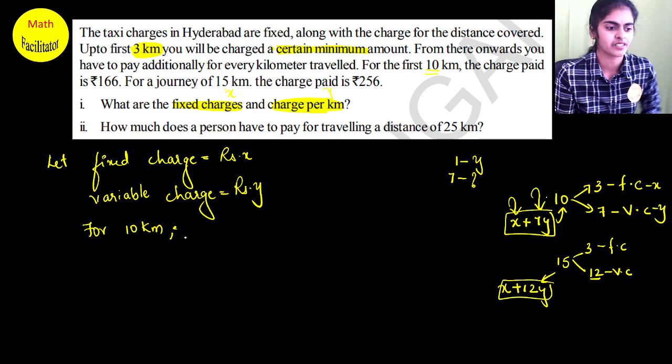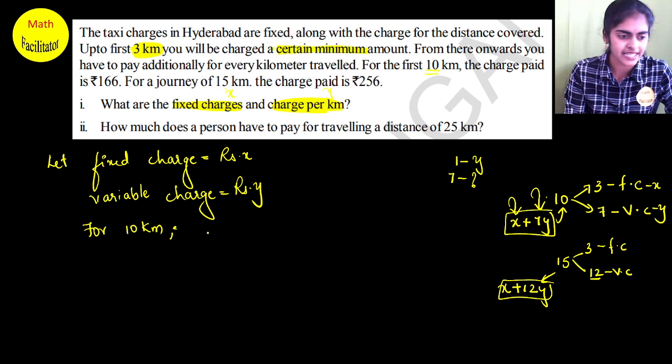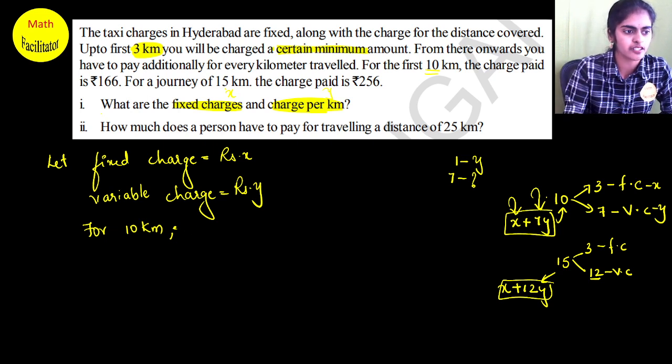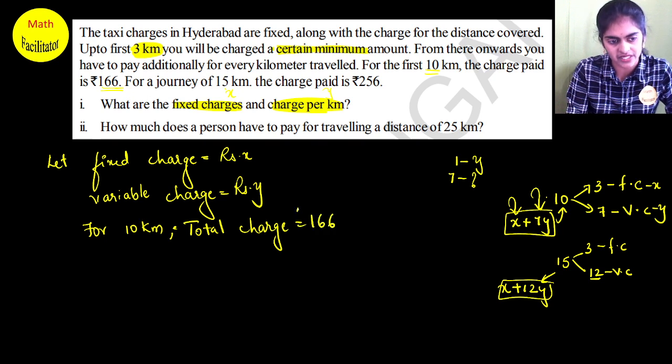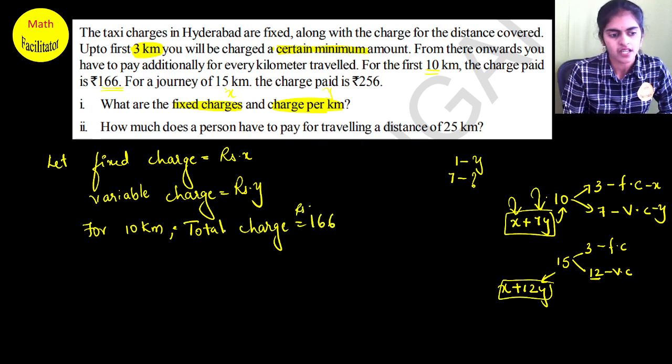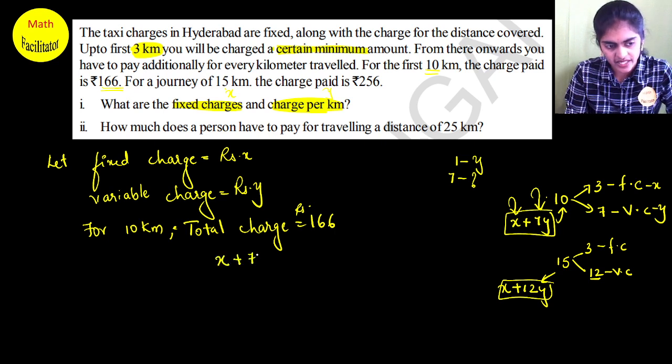Okay, so see here, what are we paying here? For 10 kilometer, the total charge is 166 rupees. But the total charge is equal to what? Fixed charge plus the variable charge.